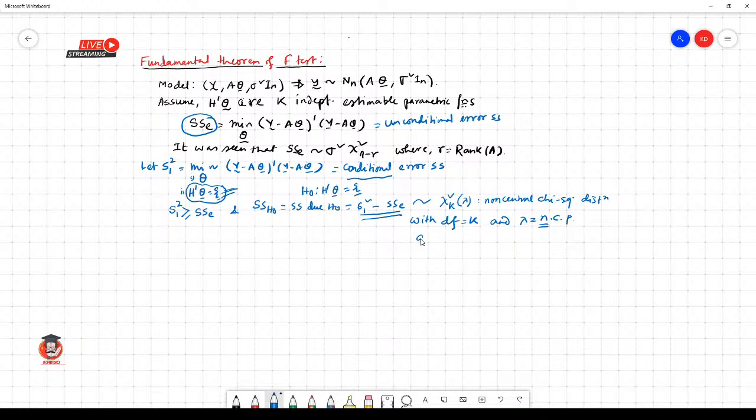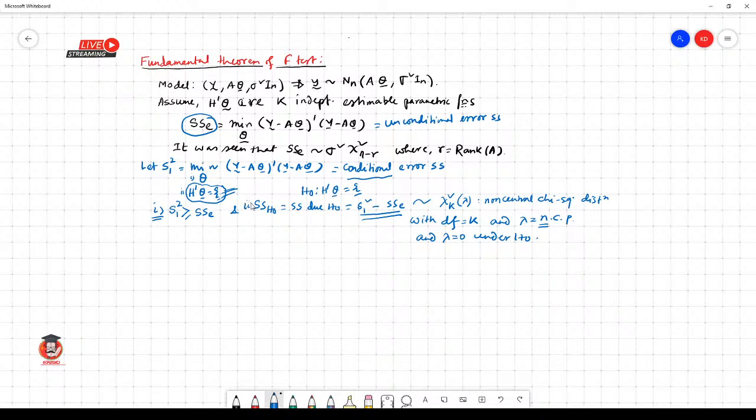And this lambda equals 0 under H naught. So this is the first part which we want to prove.